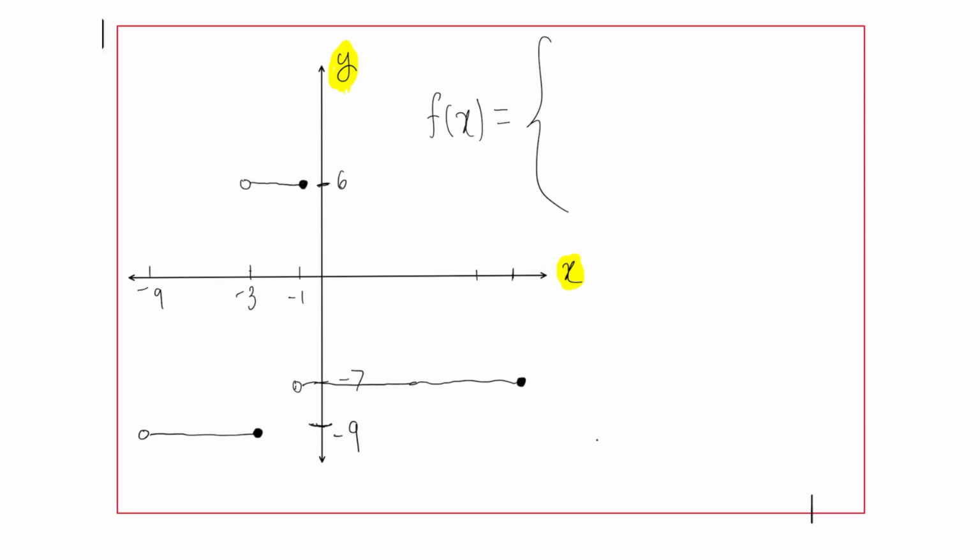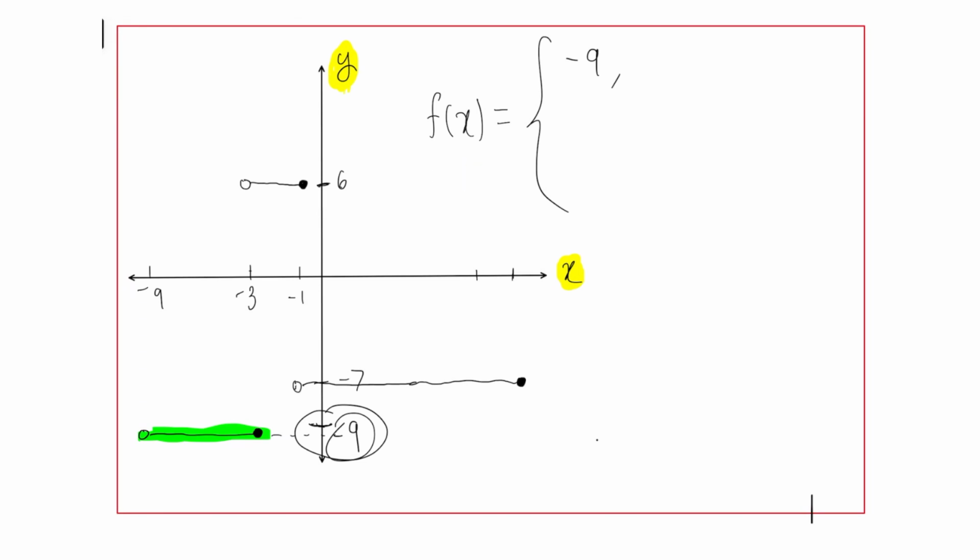Okay, so let's start on the left side. Down here you see we have this piece. Well, we notice it's a constant function. It's the constant function y is equal to -9, because here the value is -9. So we would write -9. What's the corresponding interval this function is defined in?